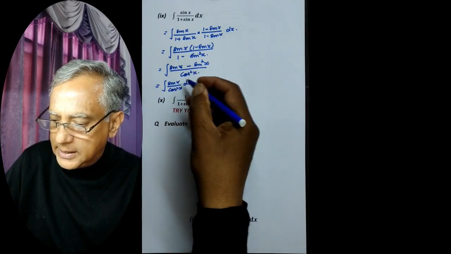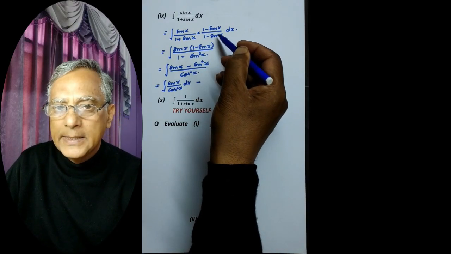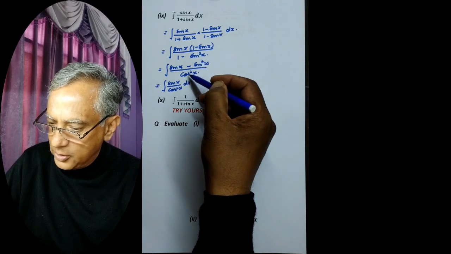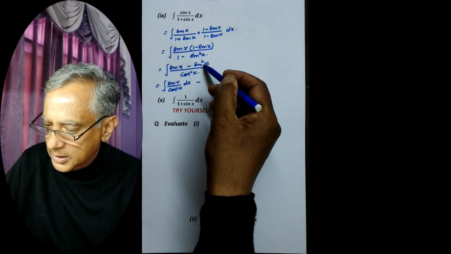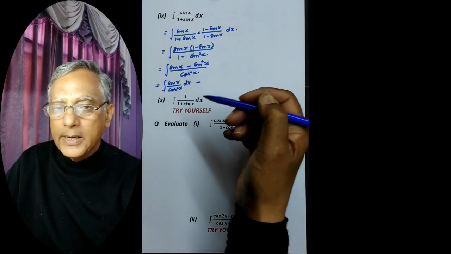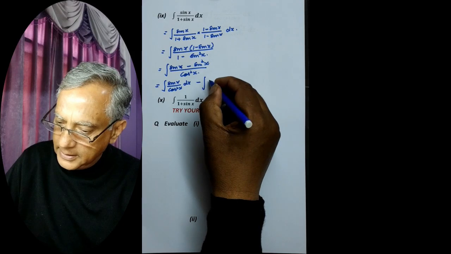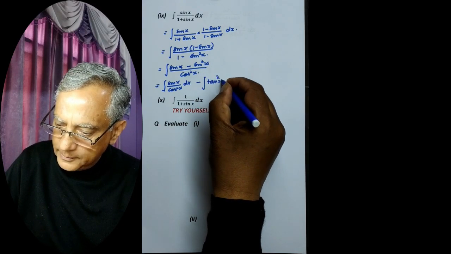Now we can separate it. That's why we multiply by 1 minus sin x and divide by 1 minus sin x, because this will convert into cos square x, and we will take this below each term, and this will get separated into two simple questions, and this will be tan square x.